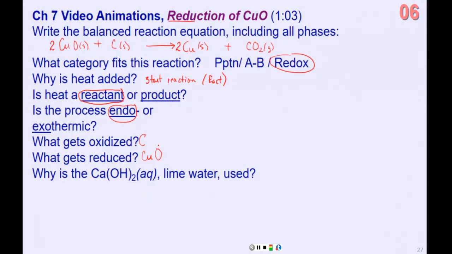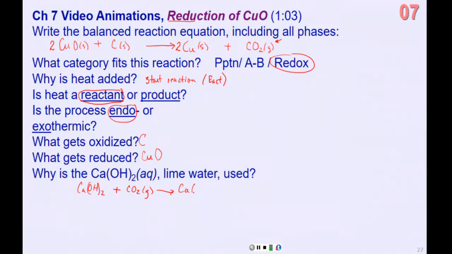Now, the funny piece that you might not understand right away, and haven't probably run into before, is that the calcium hydroxide is used as lime water. They're bubbling the gas, the carbon dioxide gas formed in the reaction, through the lime water, because when you react calcium hydroxide with carbon dioxide, you make calcium carbonate.